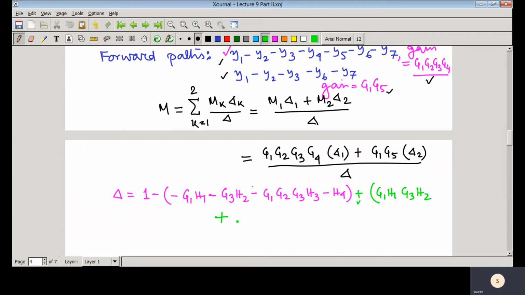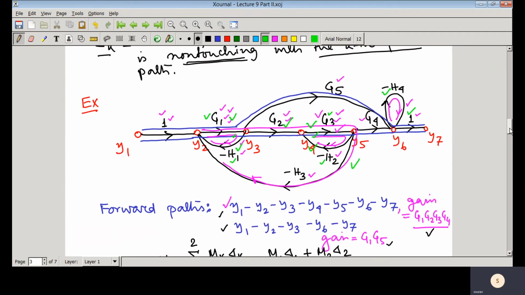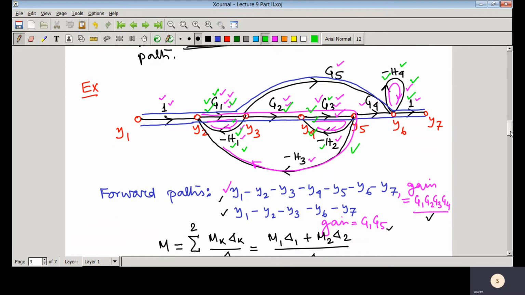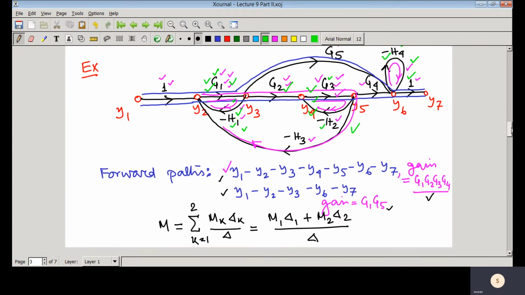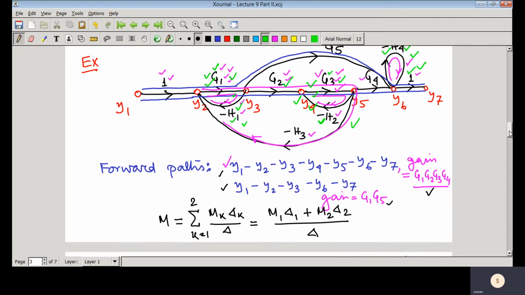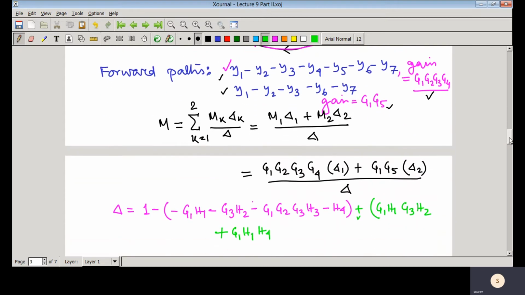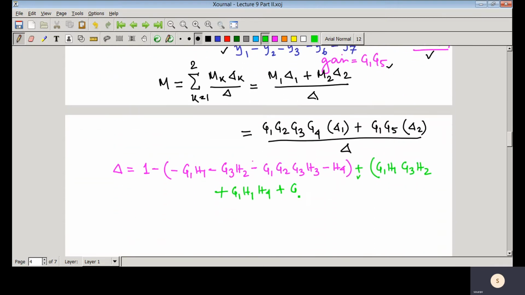Then we have another combination, this loop and that loop, so G1 minus H1 and minus H4, that means G1 H1 H4. Then there is another combination, this loop and that loop, G3 minus H2 and minus H4, so that means G3 H2 H4.